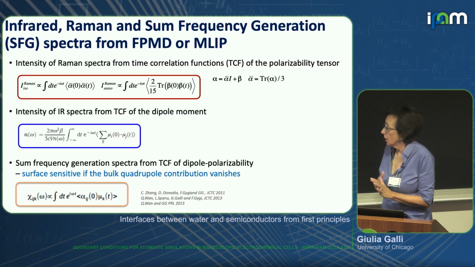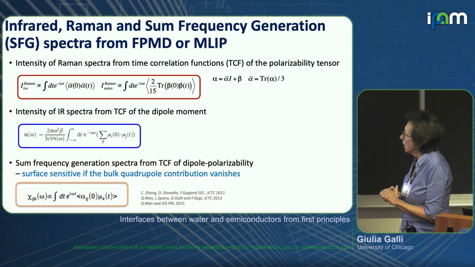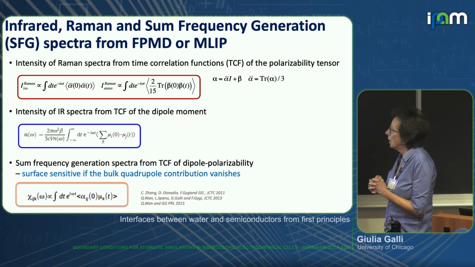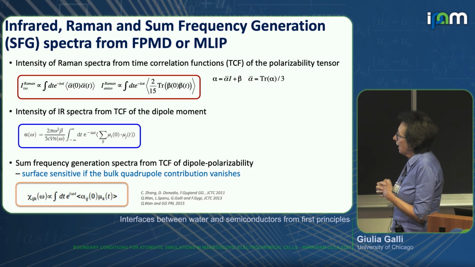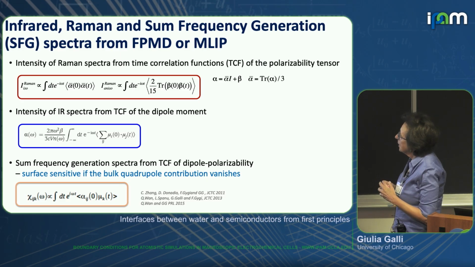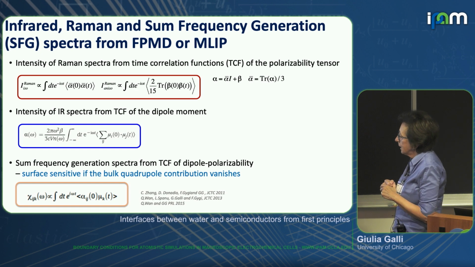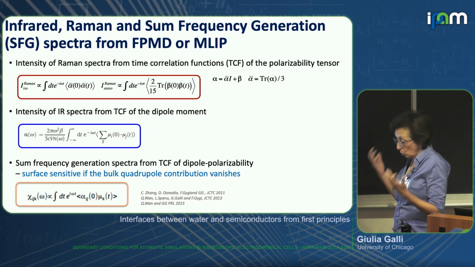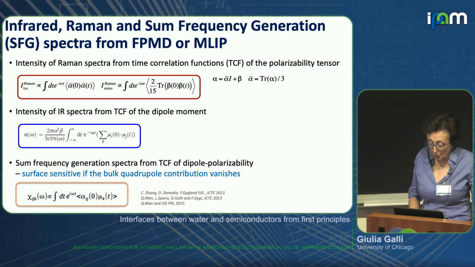Many people have worked on this, and we worked on ways of using correlation functions of the polarizability and the dipole moment for IR spectra. We started a long, long time ago, 15 years ago, and also to do sum frequency generation. If you do a polarizability dipole moment correlation function, once more, many people worked on this spectroscopy.